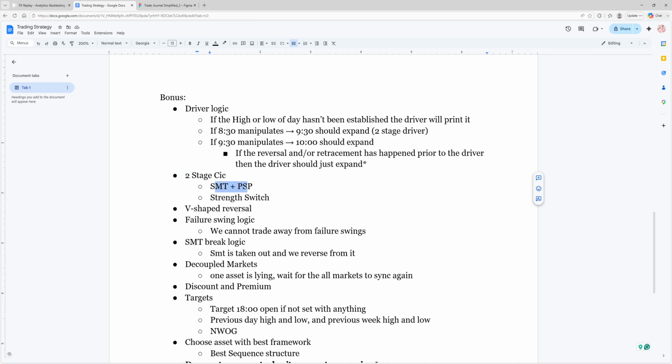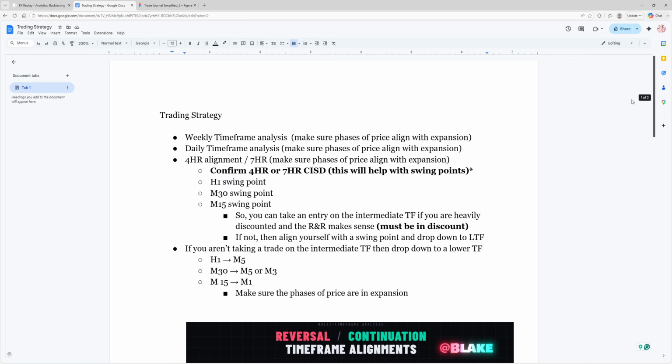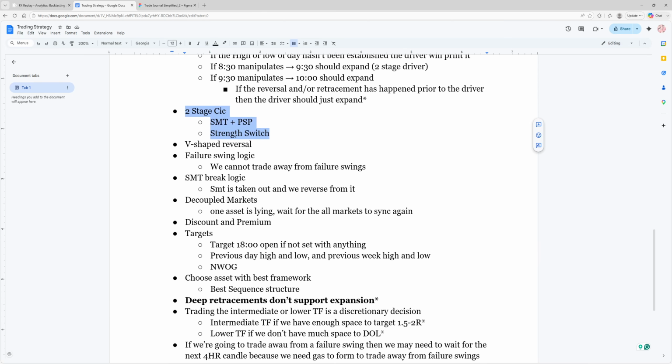And that is a true reversal, meaning that price has a very high chance of going in that direction. But once again, this two-stage Kraken correlation should never be used by itself and should always be used with proper framework, analysis and use of swing points.